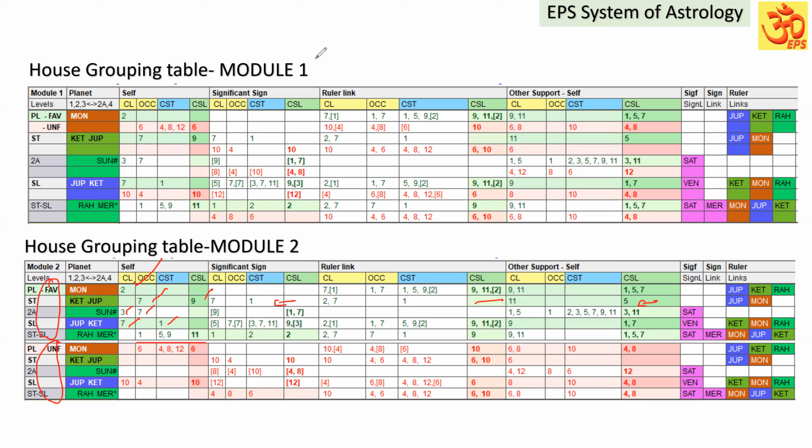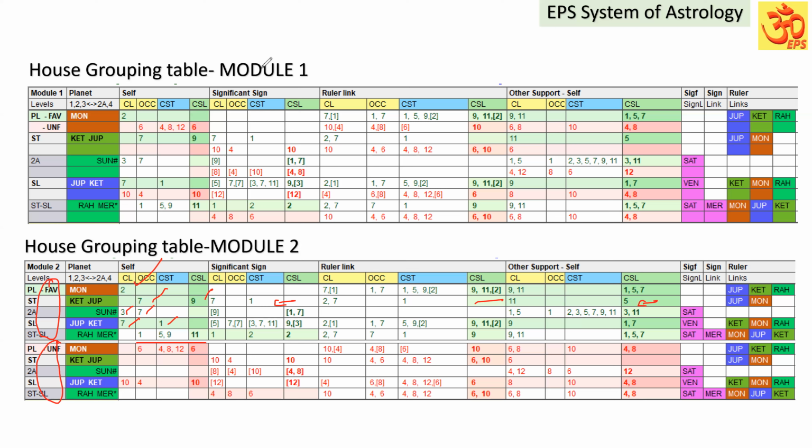If it is a significant sign lord, then only we can see the name and their signification. Otherwise, we will not see the Moon's Rasi lord, the conjunct planet, or the aspecting planet. Those planets' names cannot be seen in the house grouping table. But in the EPS table, under different headings, we will know that. So each table has its own advantages and disadvantages, but the combined study will be more useful.